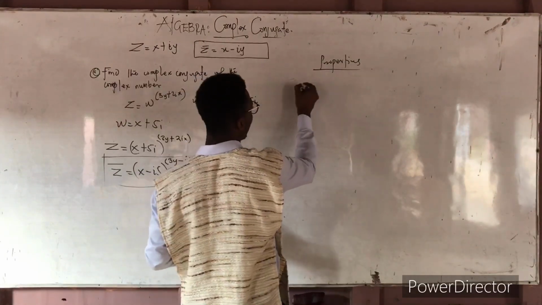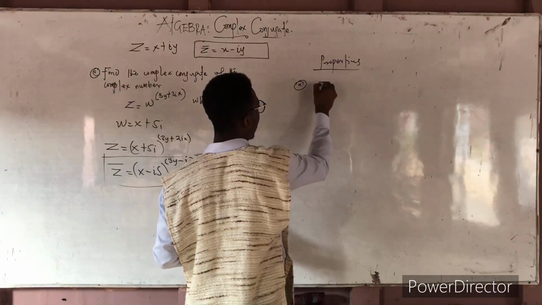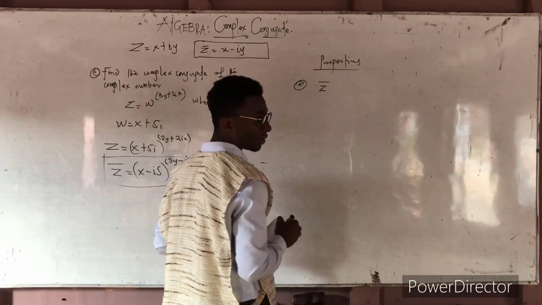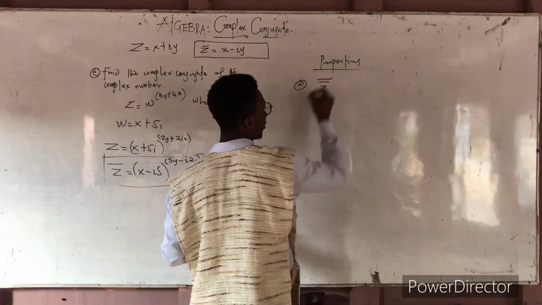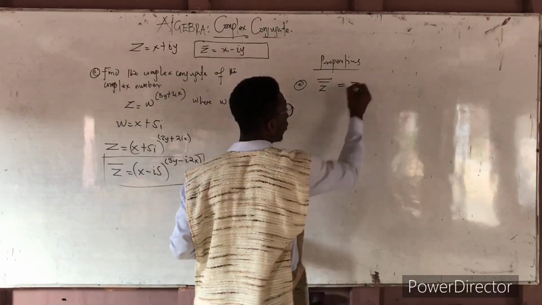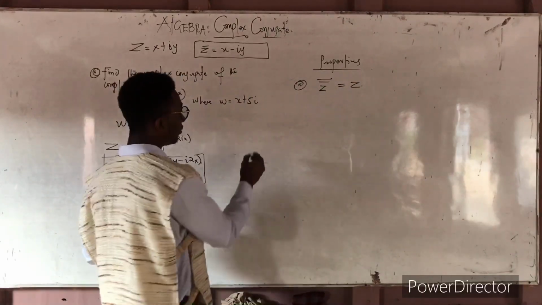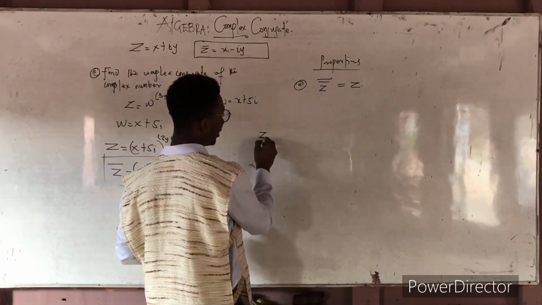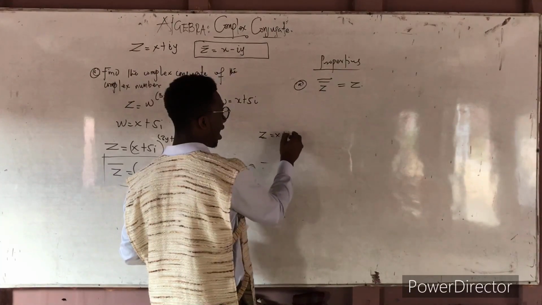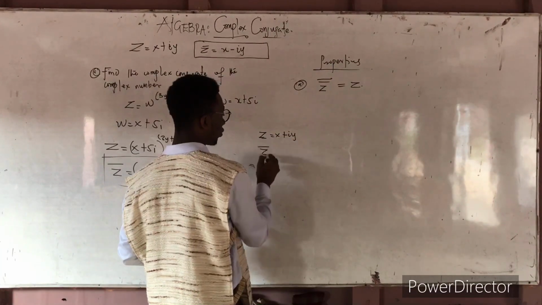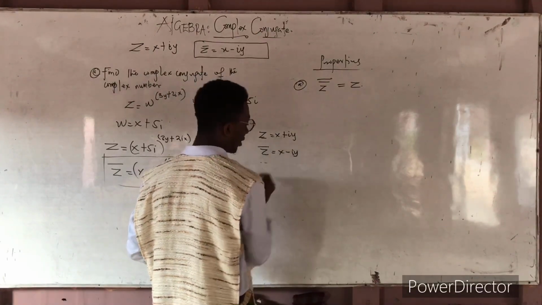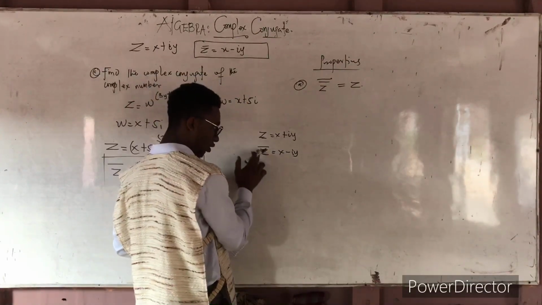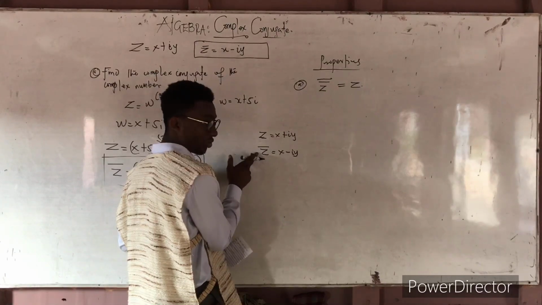That anytime you take the complex conjugate of a complex conjugate, it is equal to the original complex number. So this is what it means. If z is equal to x plus iy, and you find the complex conjugate, which is x minus iy, then you want to find the complex conjugate of this complex number now.